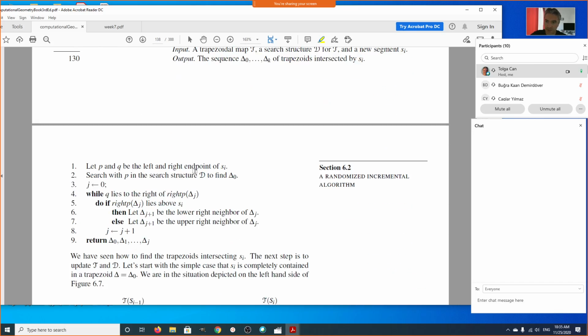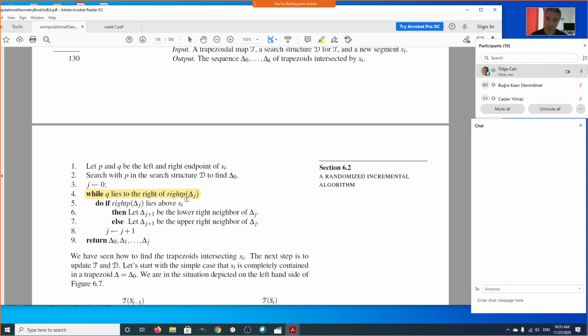We locate P in the search structure, and until we reach Q, we continue walking along the trapezoids by looking at their right points. If Q lies to the right of the right point of the current trapezoid, it means there are still more trapezoids to intersect, and we continue.